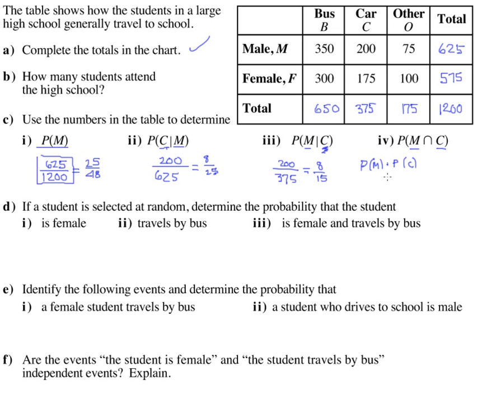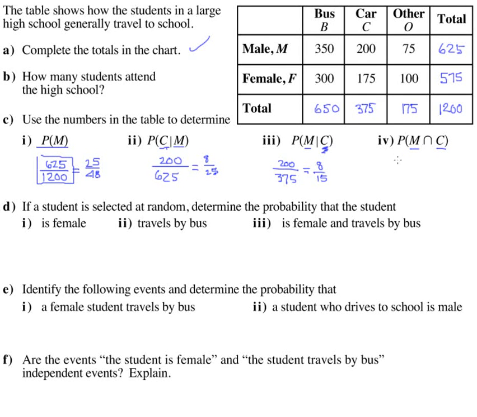That does not work because these are not independent events, and the multiply them together idea only works if the two events are totally independent. These events are dependent because we've noticed that the chance that someone takes their car to school is somewhat related to gender. These choices are not identical on gender lines, and so it isn't safe to say that being male and taking car to school have nothing to do with each other.